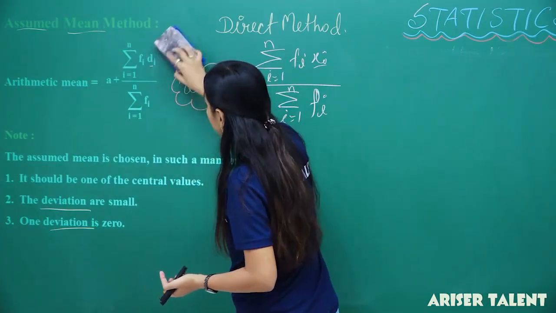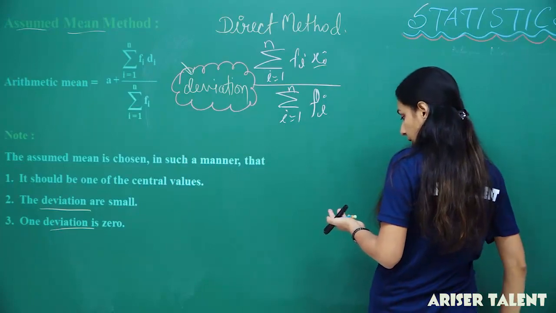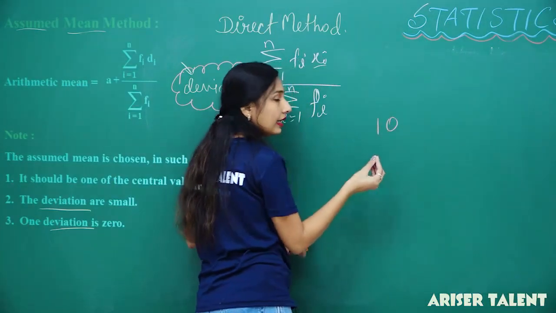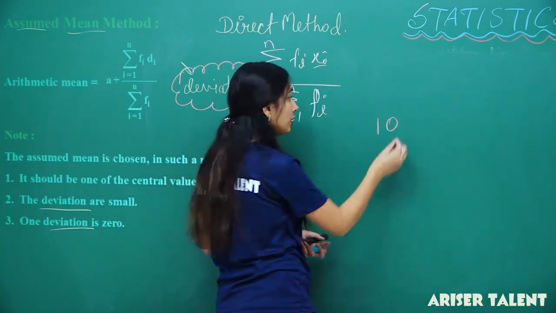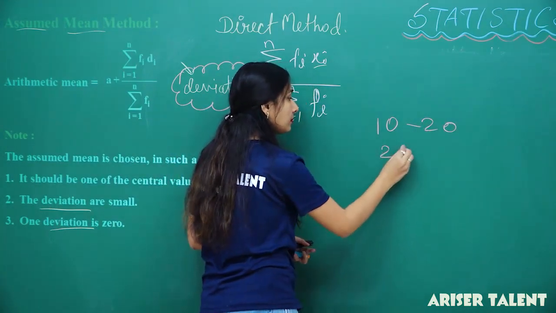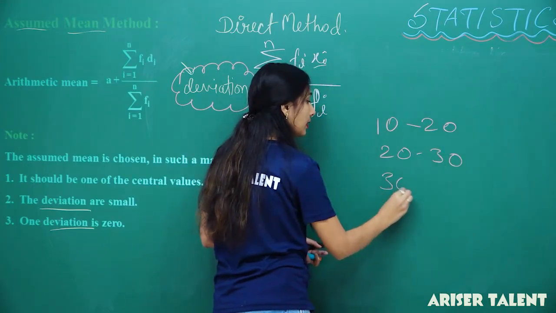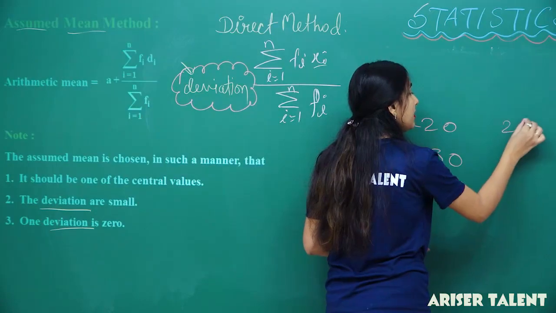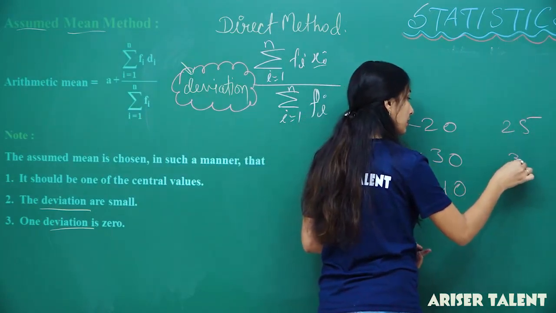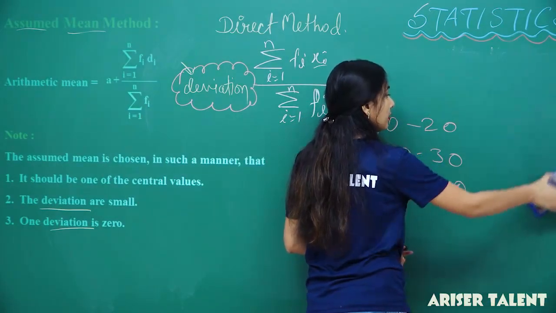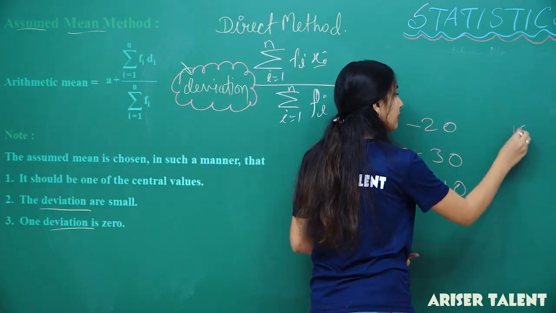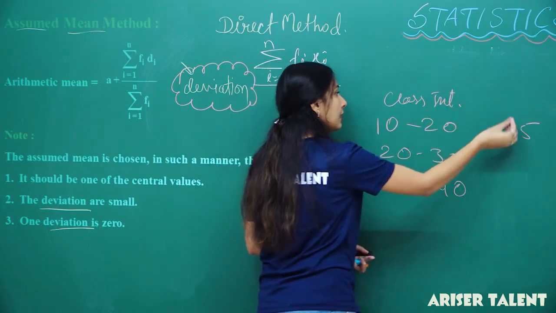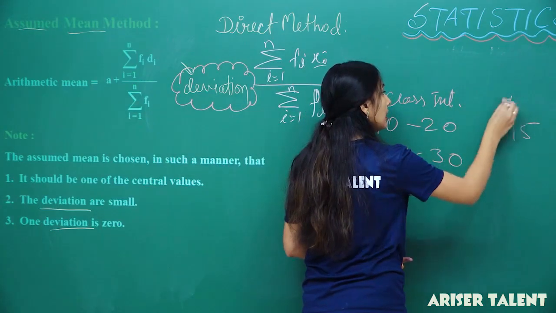Now what are the central values? If I am talking about class intervals, the mid mark will be 15, 25 and 35, that will be the mid value or class mark.